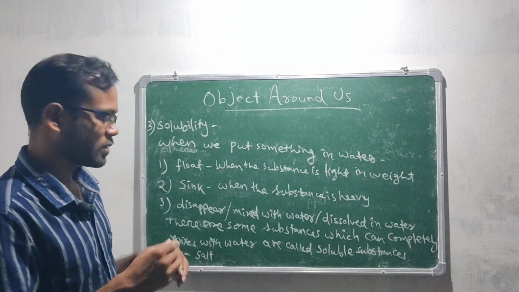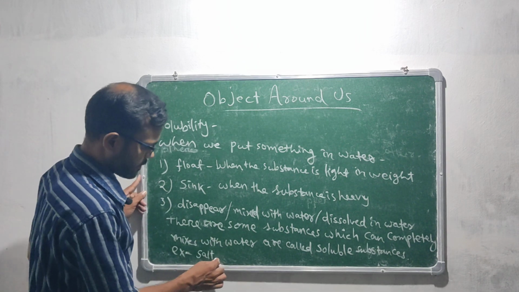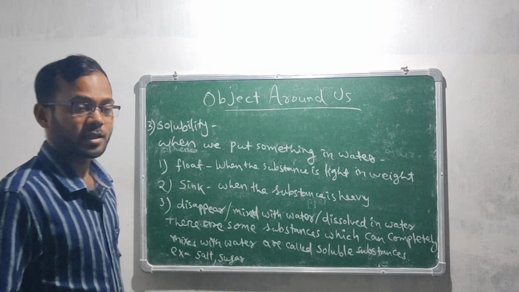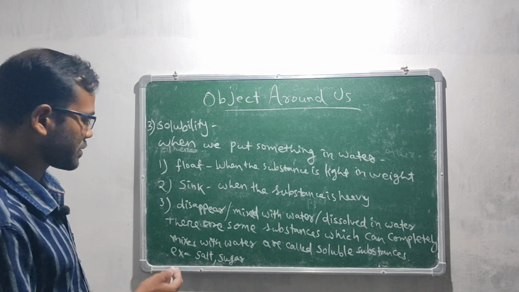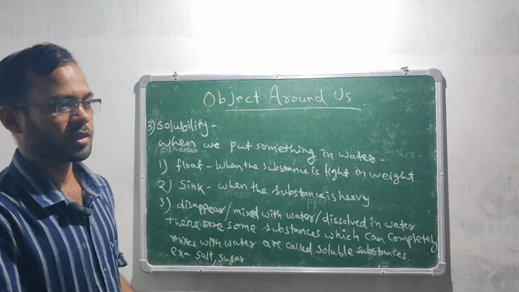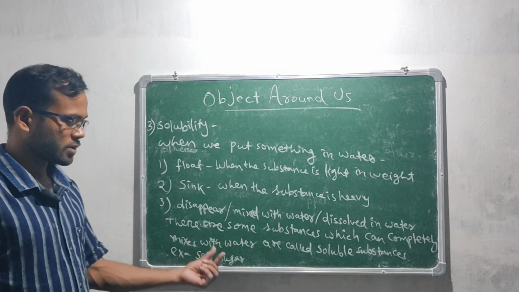It mixes with the water completely so that it is not visible. Then sugar. Sugar is also completely dissolved in the water. That's why we are not able to see the sugar. So these are the soluble substances.